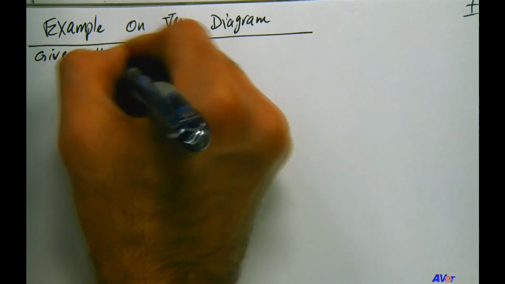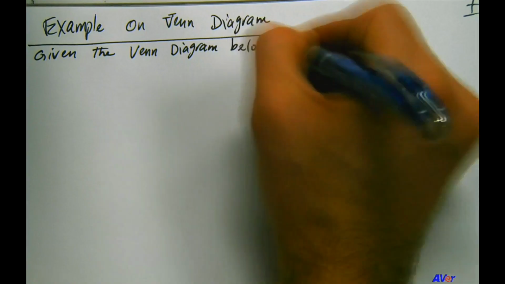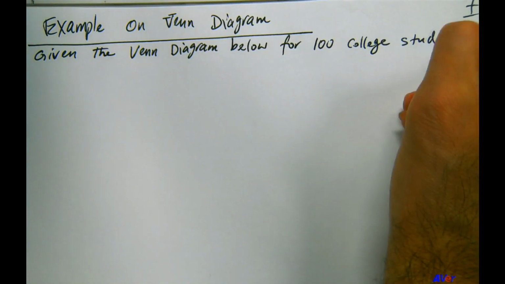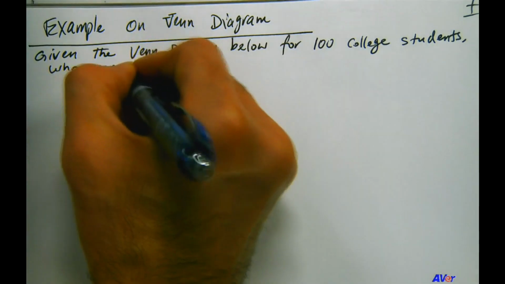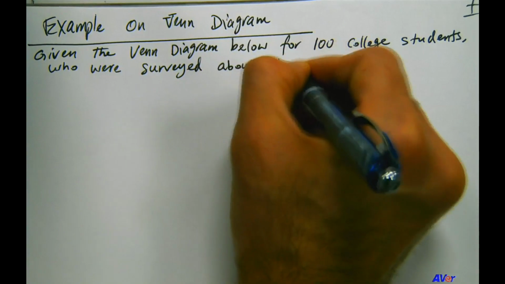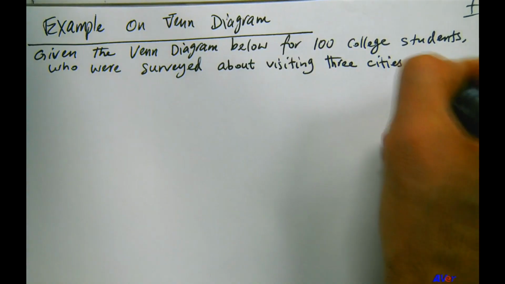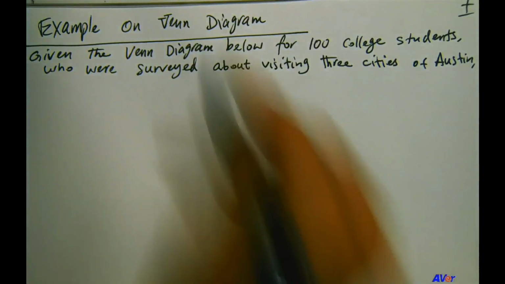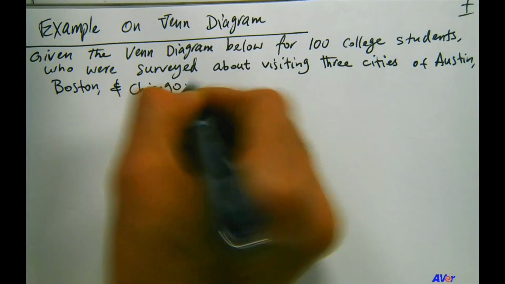So given Austin, Boston, and Chicago, you remember this example, right?